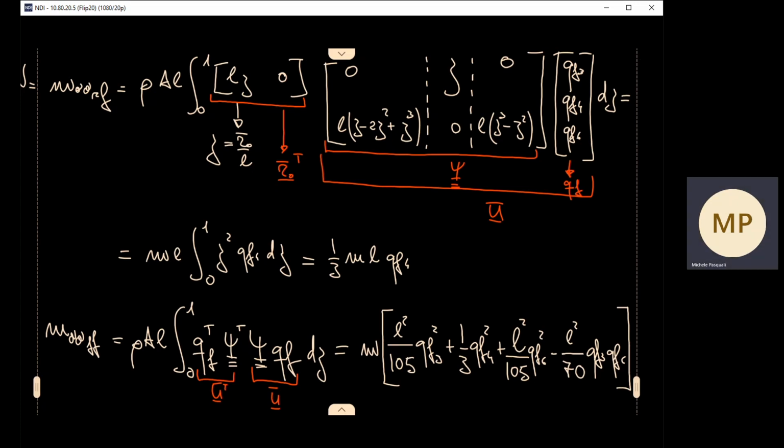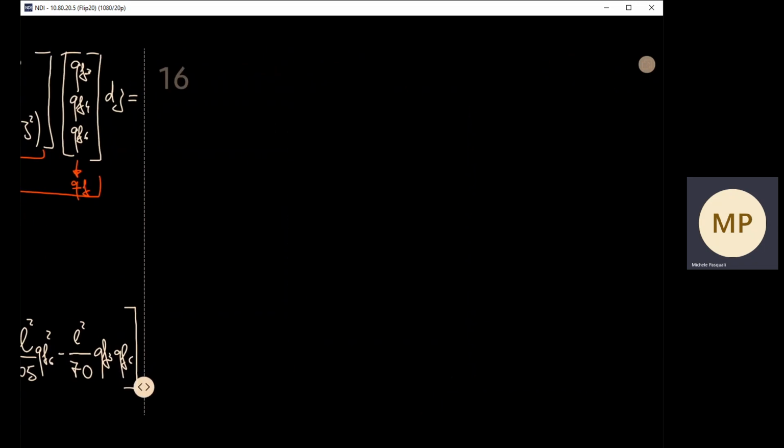So now we have to put all of these three terms together to get M theta theta, which is a scalar. So we do it, and we get the following.